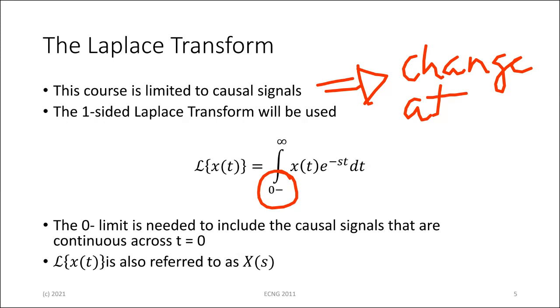at t equal to 0. So our signals change at t equal to 0, and you cannot do an integral if any of the limits, at the time of the limit, the signal x(t) is changing. So mathematically, I can't integrate x(t) at t equal to 0, because x(t) may be changing, like a unit step function, for instance, may be changing at t equal to 0.